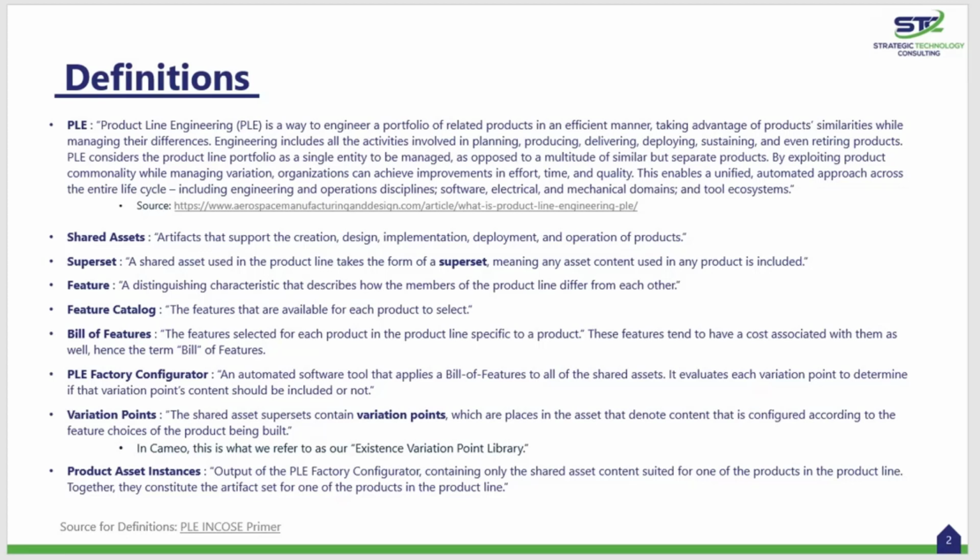They're all your variant models. We'll walk through this process, but you will perform a model transformation once you are done defining your configuration for a specific product, and that's going to give you your product asset instance. That will be a branched project off of your trunk, which exists in Teamwork Cloud.